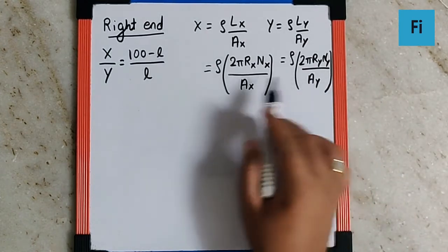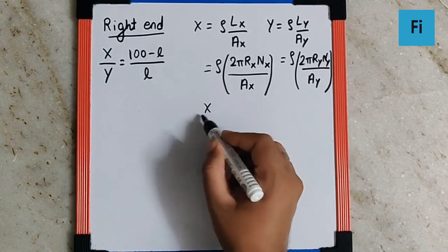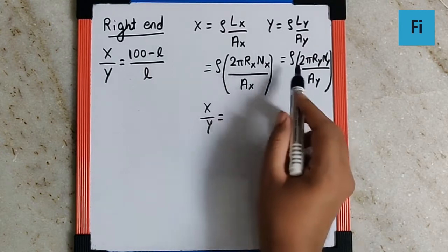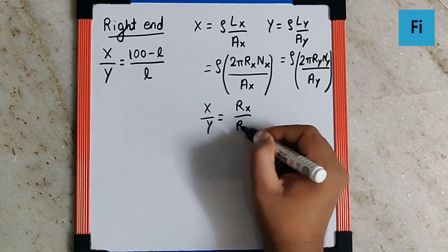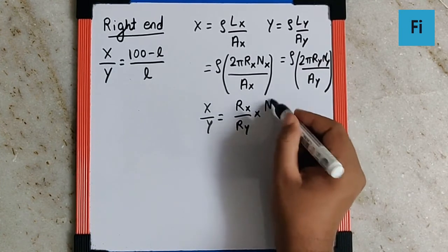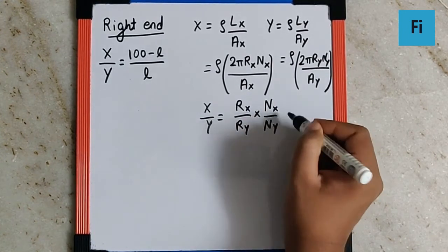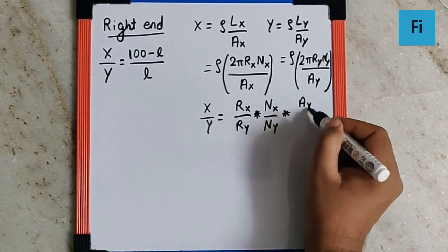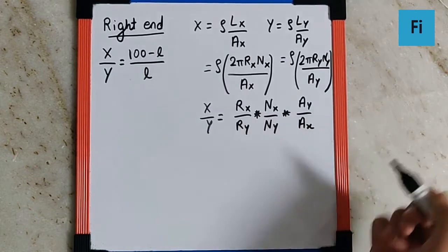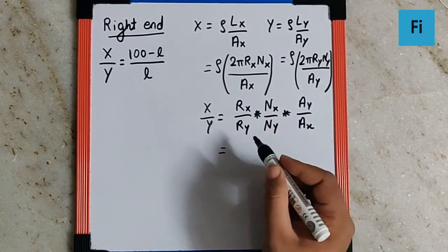So now if we take the ratio for these two, we get X by Y as: rho gets cancelled, 2 pi gets cancelled, it will be Rx by Ry into Nx by Ny into Ay by Ax. So now we just need to substitute the values.